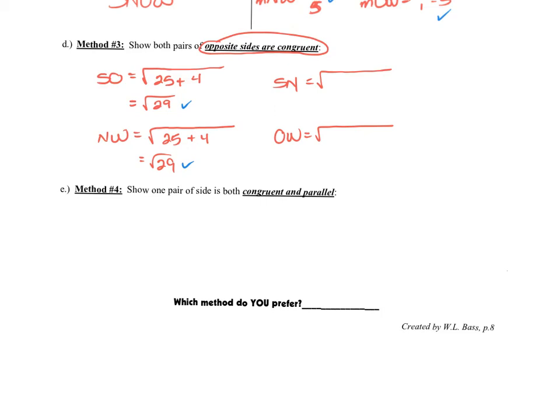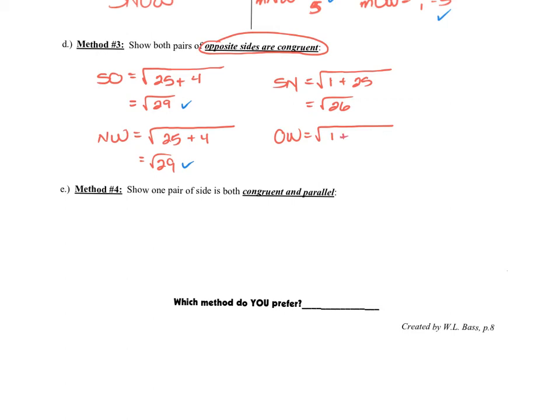So now for SN, I'm going to do 4 minus 3 is going to give me a 1. 1 squared is just a 1. And -3 minus -8 is going to be 5. I'm going to square that and write 25. So the length of SN is the square root of 26. For OW, 9 minus 8 is 1. 1 squared is 1.